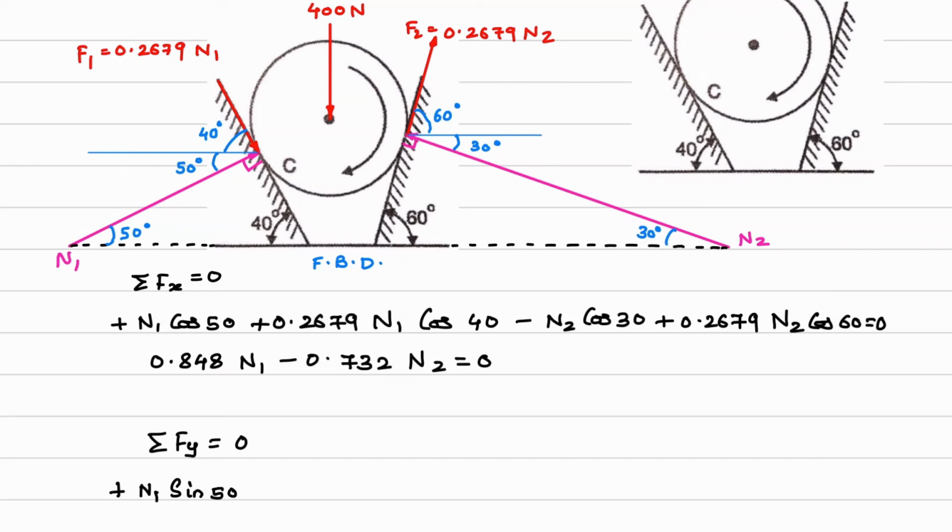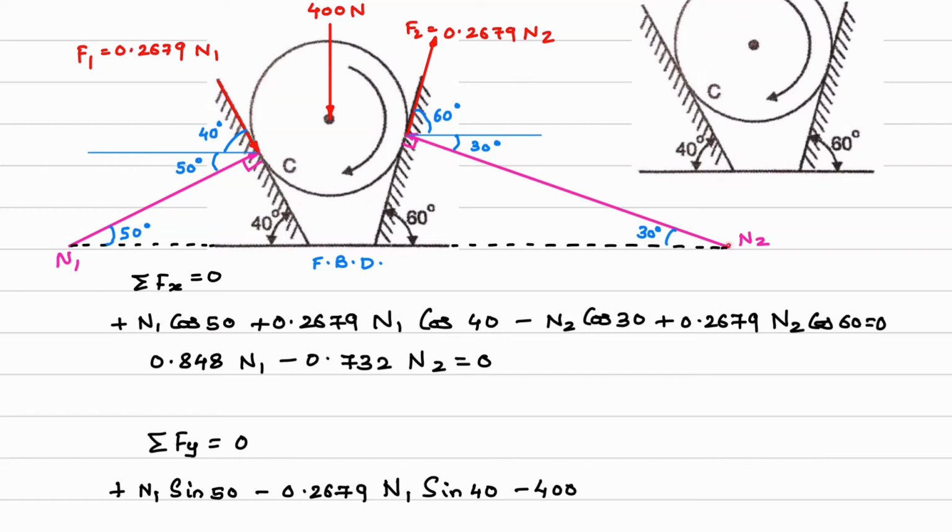Next, friction force y component, it is acting in downward direction, minus 0.2679 N1. Angle is with respect to x, so y component will be sine 40. Then weight, it is acting in downward direction, minus 400.